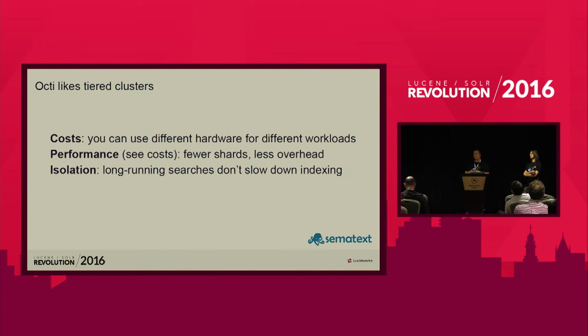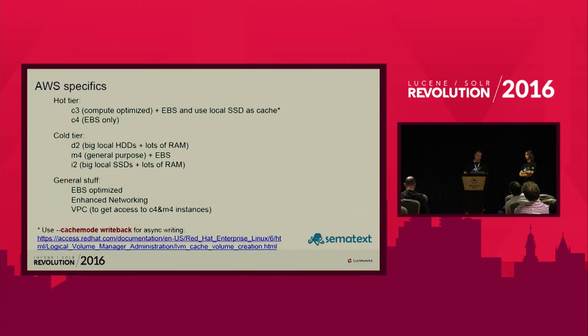And finally, long-running searches won't slow down your indexing, because they will probably be the ones that run longer, and will be executed on the cold cluster, the cold tier, which is not doing any indexing, so the hot tier won't be affected by that.